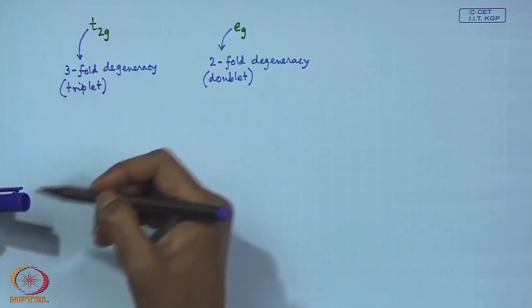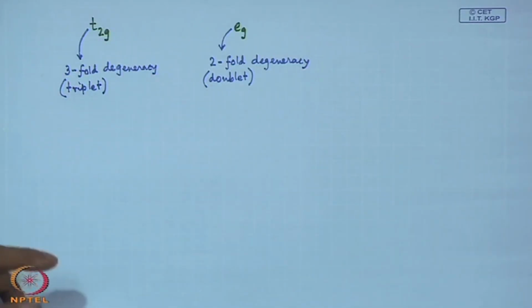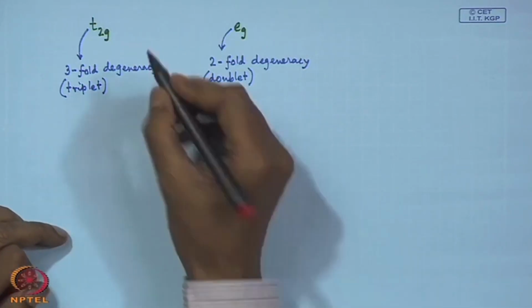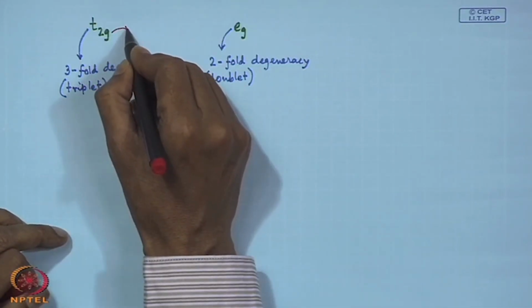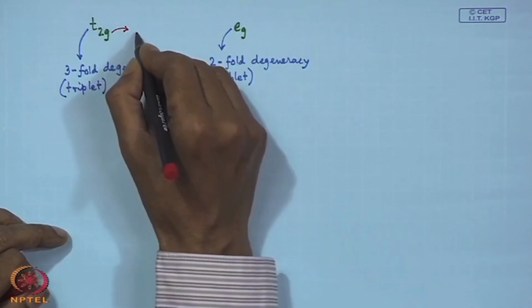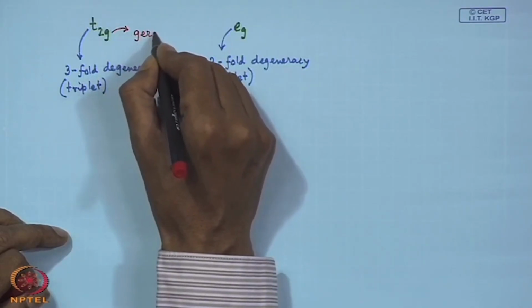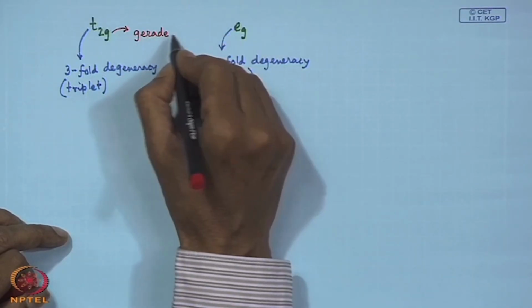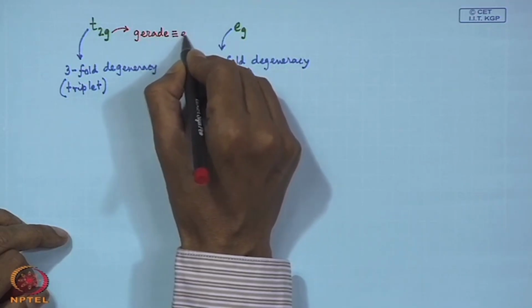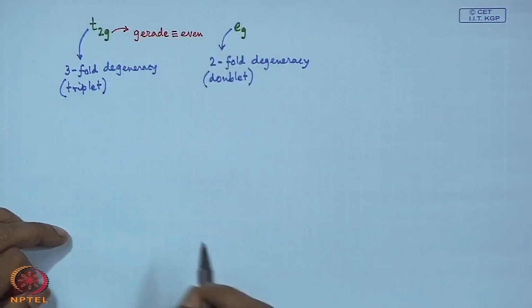And the other label is G. G is related to the symmetry, which is Gerade, which means even.